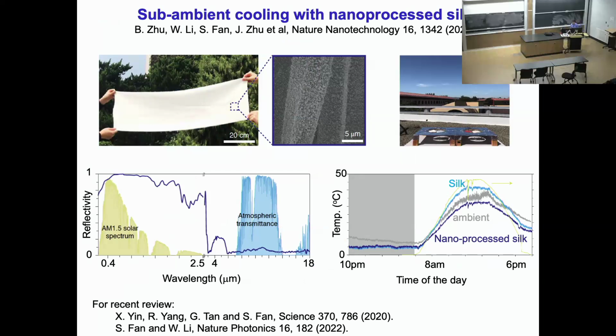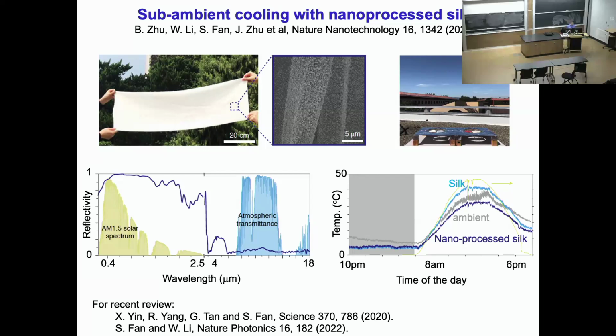And this is a work, again a collaboration with Jia Zhu's group, where we look at sub-ambient cooling with nanoprocessed silk. So if you know what silk looks like, it's quite shiny, and therefore it's actually a pretty good solar reflector. On the other hand, it turned out that it's not reflective enough due to the UV absorption of the molecules in silk.